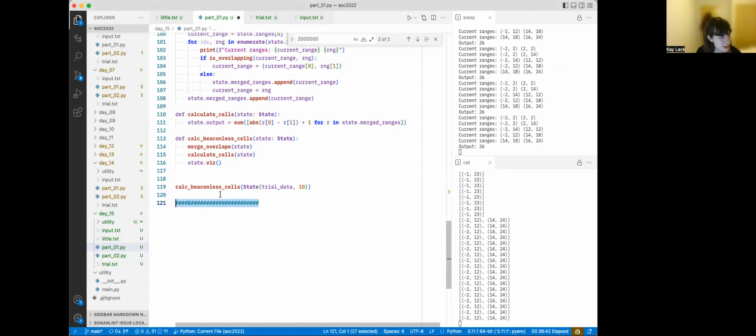But we get 27? Yeah, 26, 27. We get 26. So we're getting the right. No, that's not it, is it? The beacon doesn't matter. The beacon's a red herring.